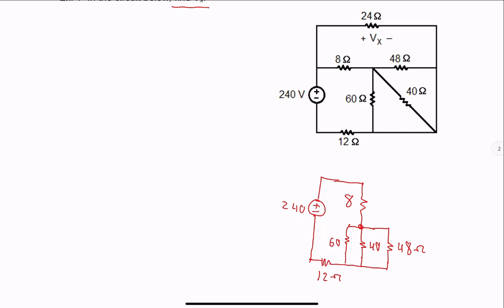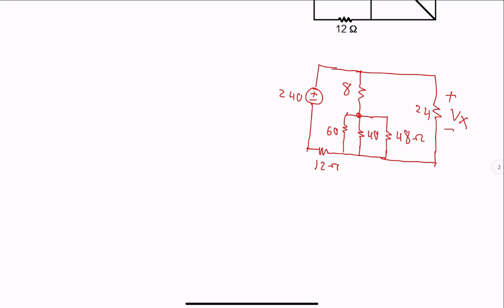Also, positive of the source is connected to a 24 ohm resistor. And the other side of that resistor is also connected to the 12 ohm resistor. Vx is defined across the 24 ohm resistor.